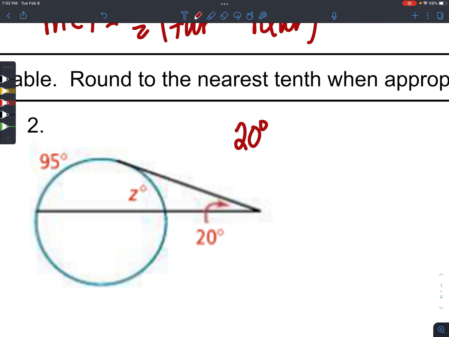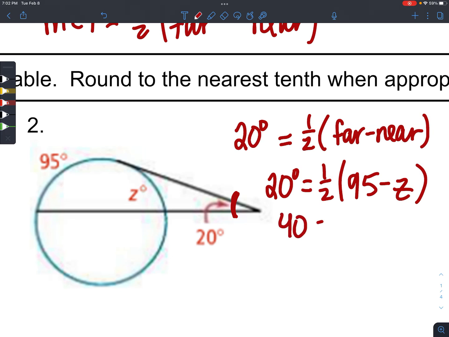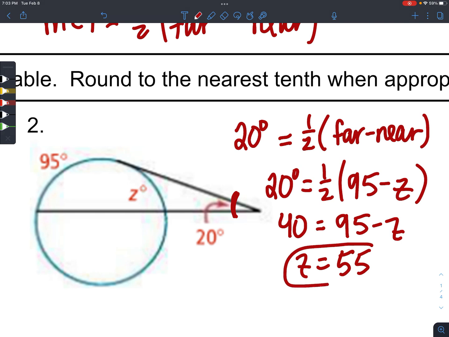This is going to be 20 degrees is the angle, right? Equals 1/2 far minus near. So 20 degrees is 1/2 of far minus near, which is Z. Go ahead and multiply by 2 and move the Z over and move the 40 over.